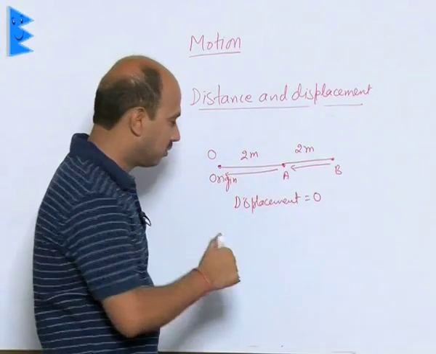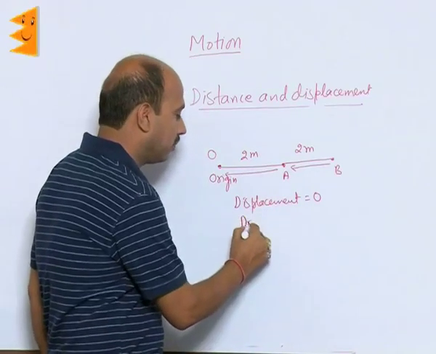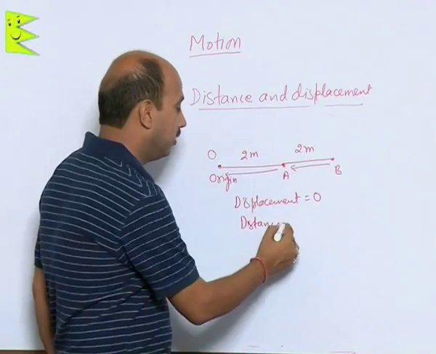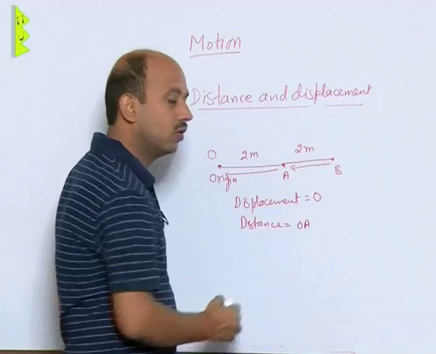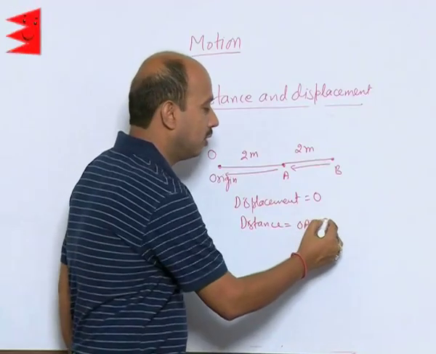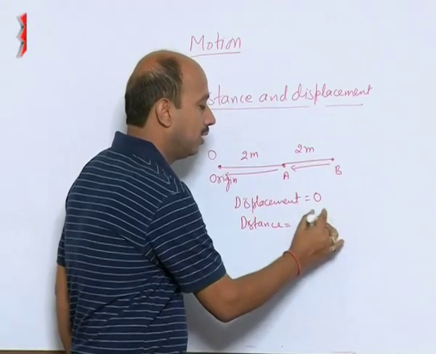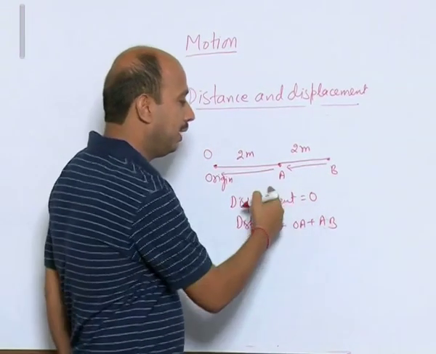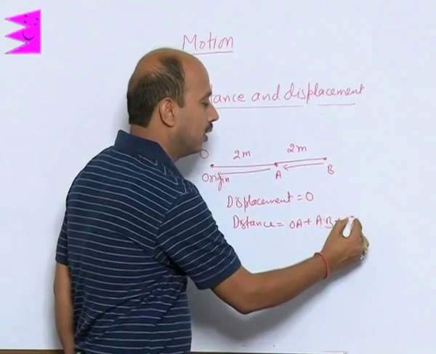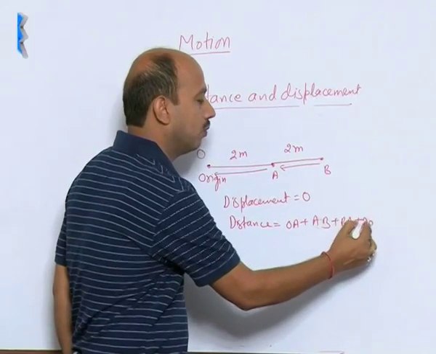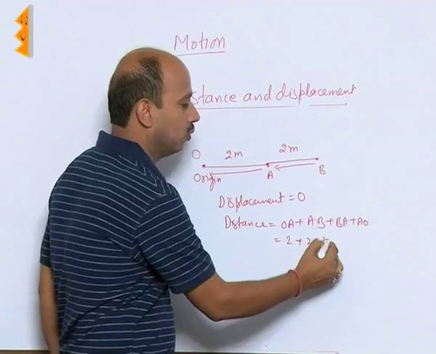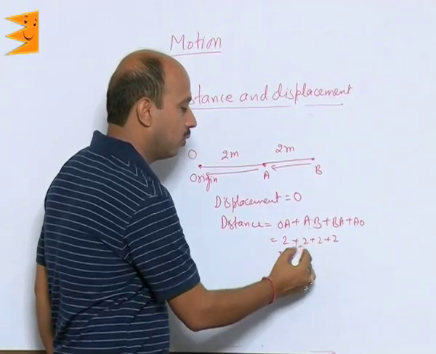But you see distance, how can you write distance here? See, distance is going O to A, OA plus O to B plus AB, because it is going A to B, then coming B to A, then it is coming A to O. So, the distance is 2 plus 2 plus 2 plus 2, which is equal to 8 meter.